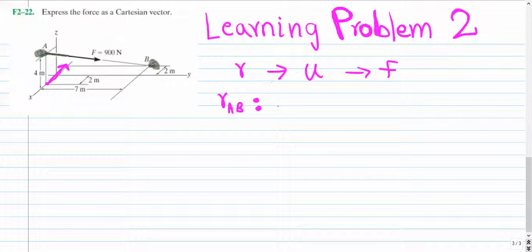So its length is 4 meters in the x direction, but it's towards the negative x direction, so there is going to be a negative sign.